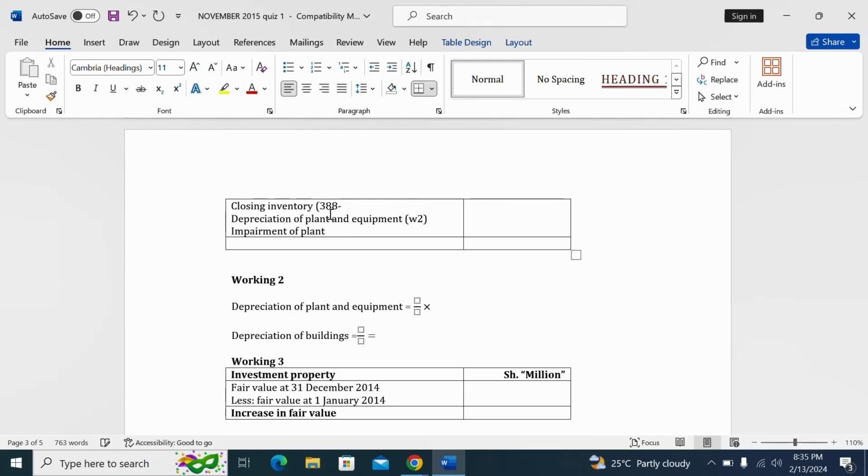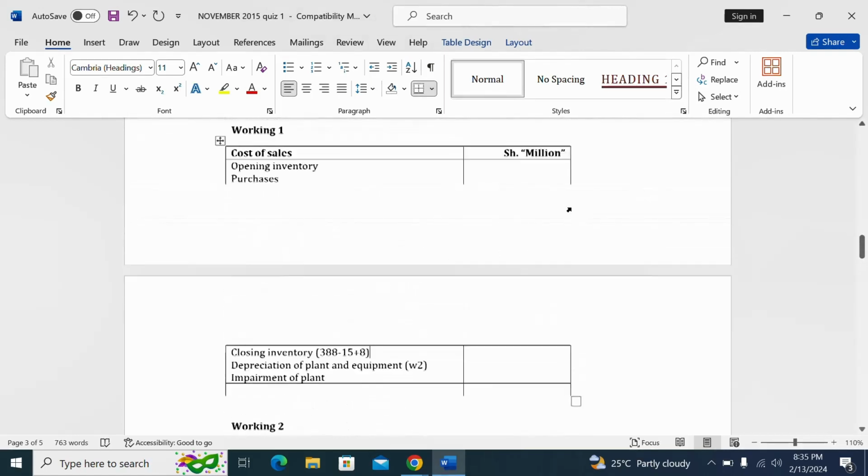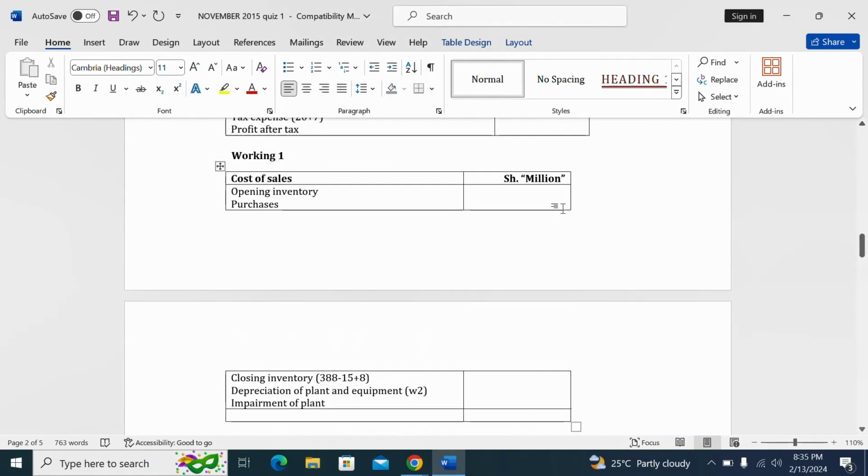You deduct that inventory which has issues, that is 15 million. You replace it with 8 million. And if you do that, how much are you going to get as the value of your closing inventory?